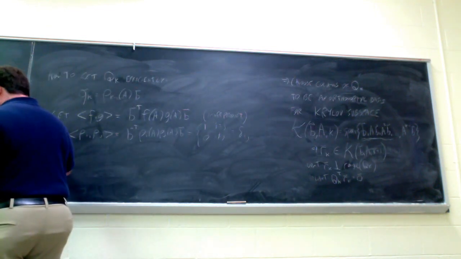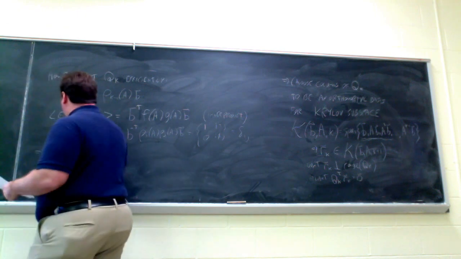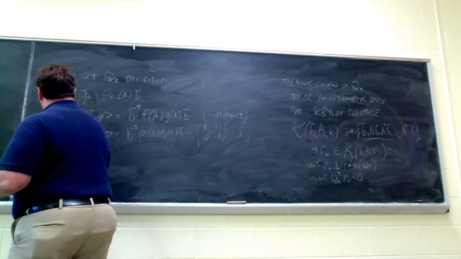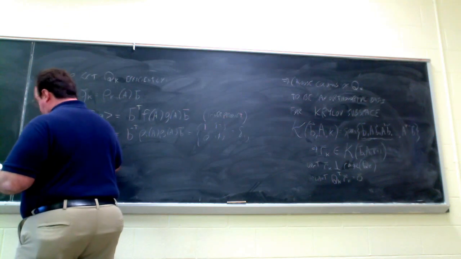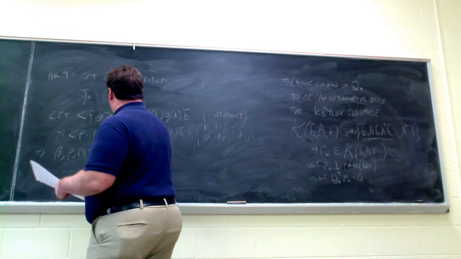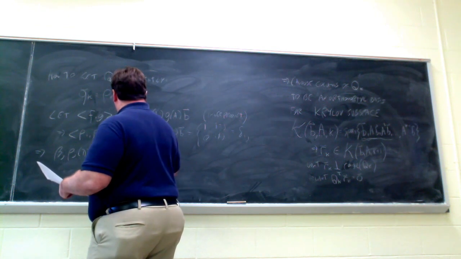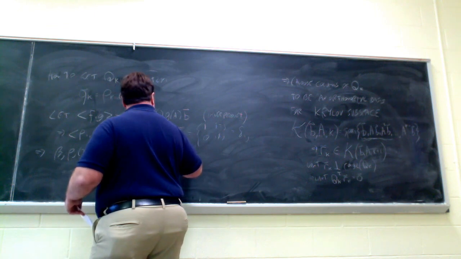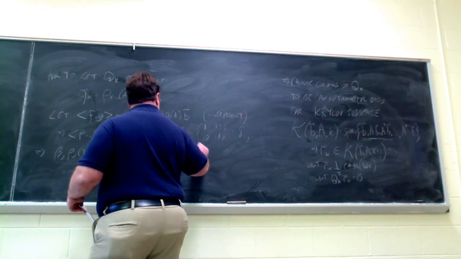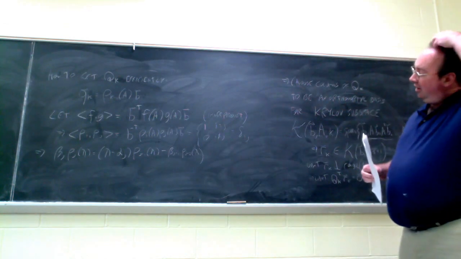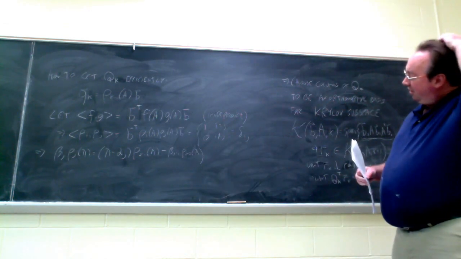Now, orthonormal polynomials satisfy a three-term recurrence relation. That's a well-known fact about all sequences of orthogonal polynomials. The alphas and betas are recursion coefficients, these are constants.